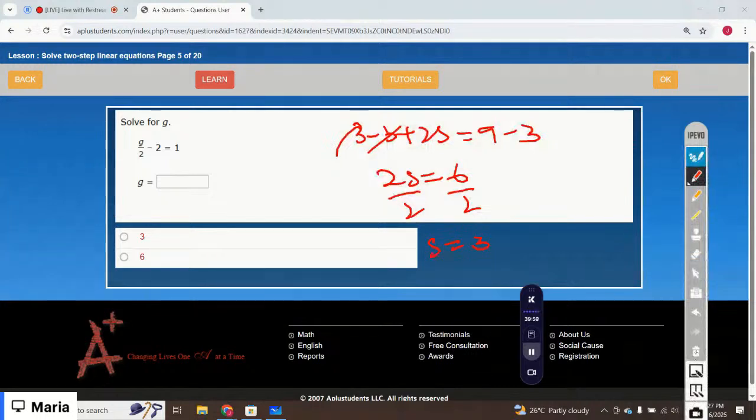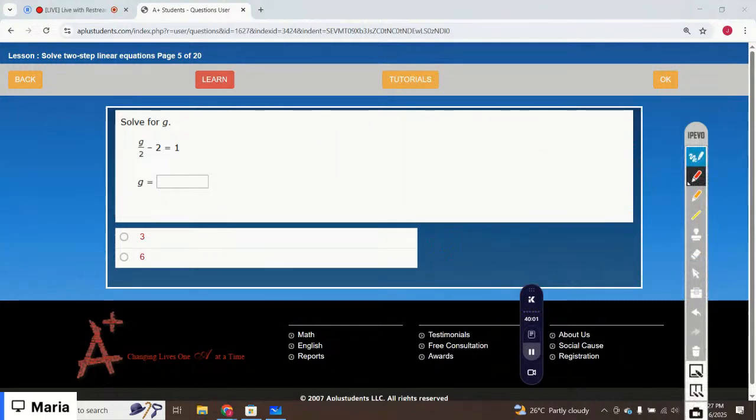G over 2 minus 2 equals 1. So add 2 to both sides, and G over 2 equals 3.